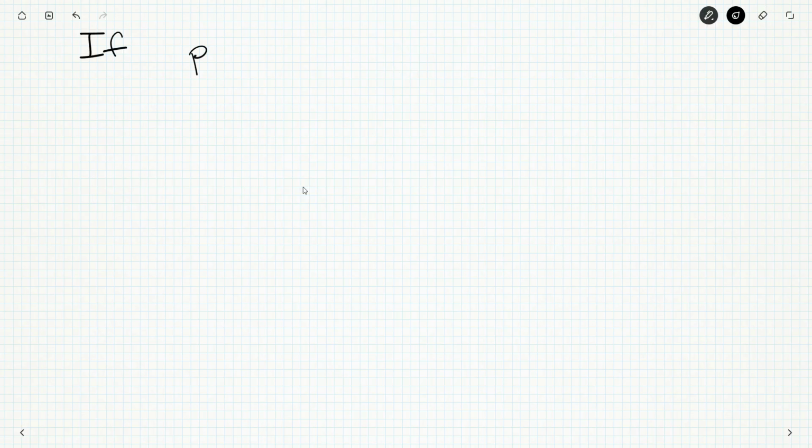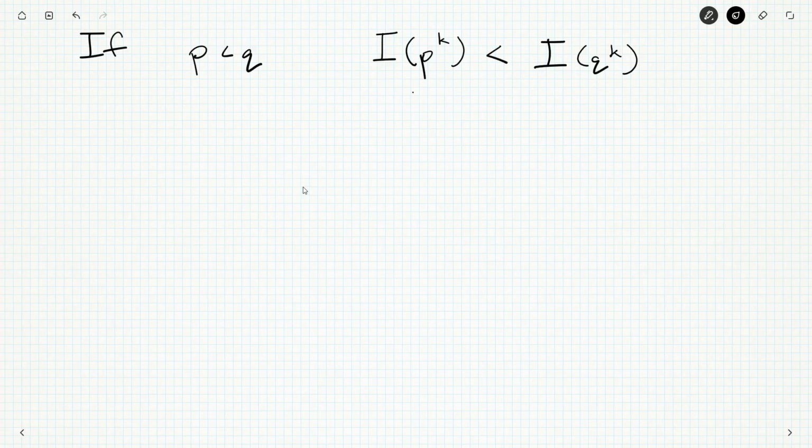I know I can order my primes, so if p is less than q, how do I want to get rid of the m? How do I of p to the k and I of q to the k compare? This should be straightforward, and it should be that this one is smaller, maybe?